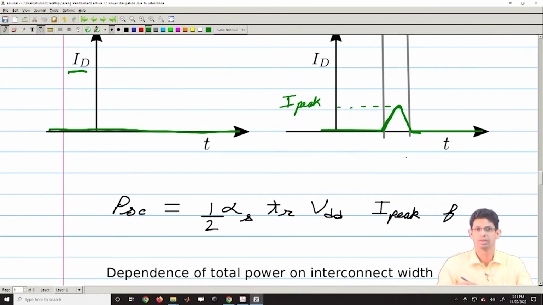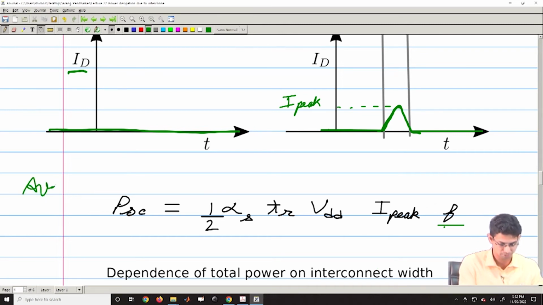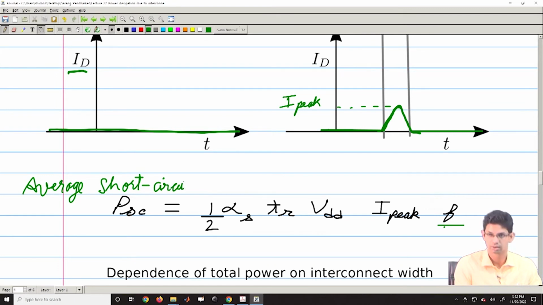And then again, like the previous case, I will be multiplying this by an alpha s, which is the switching probability, and the frequency to get the average short circuit power dissipation.